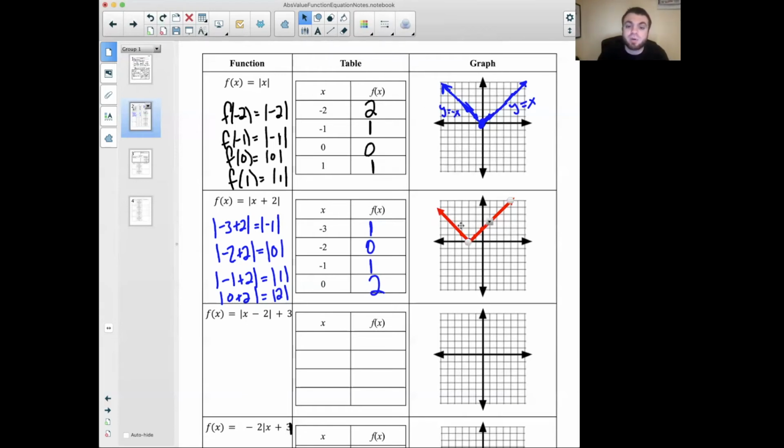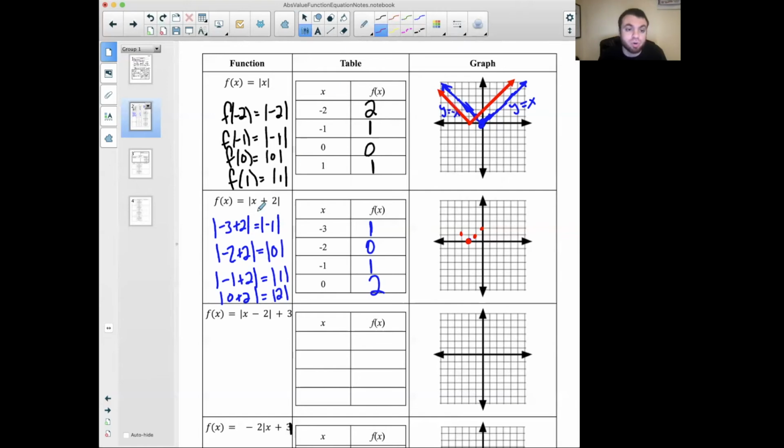All right, other thing I want to take a look at is this. I'm going to slide this graph up, this red graph, so you can see where it would be if I'd graphed it along with the blue graph. What do we notice? The red graph is 2 to the left of the blue graph. Notice, where do we see a 2 in the formula?